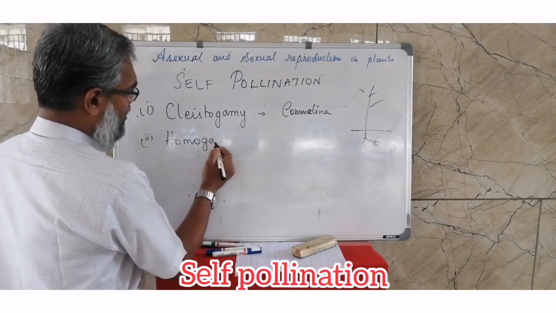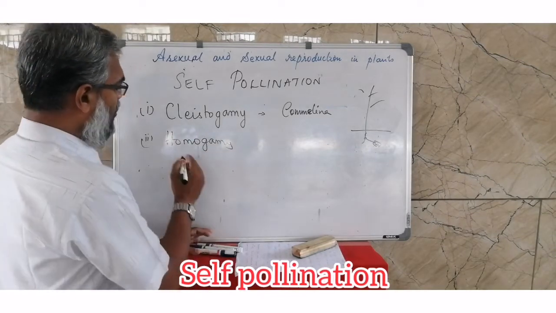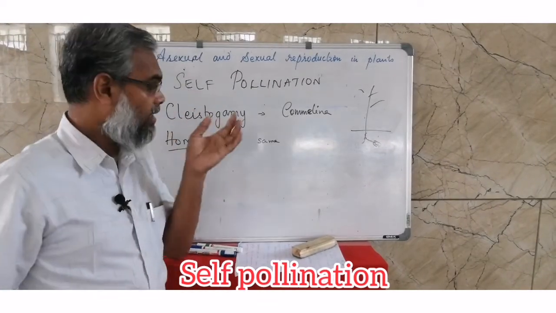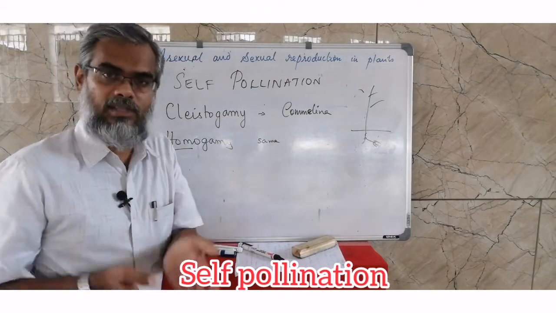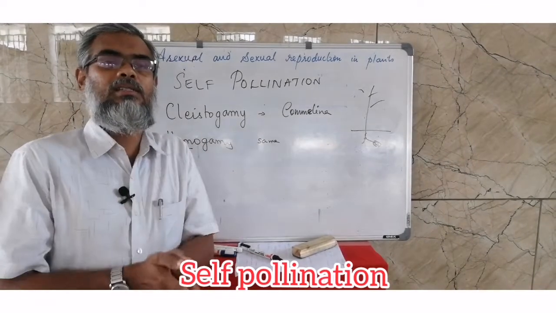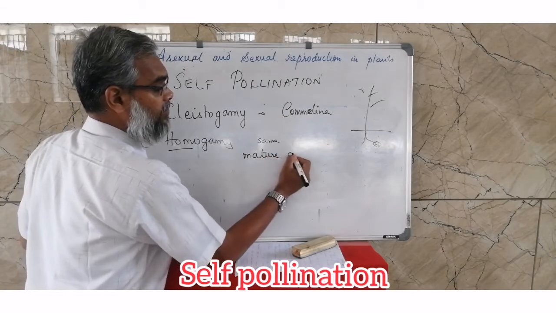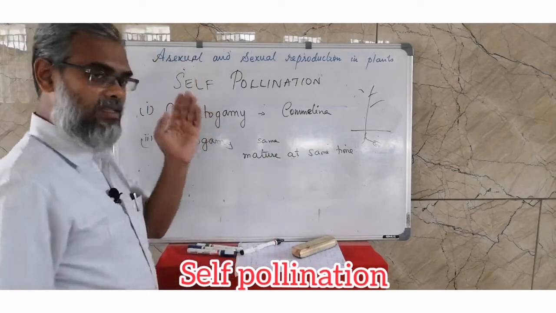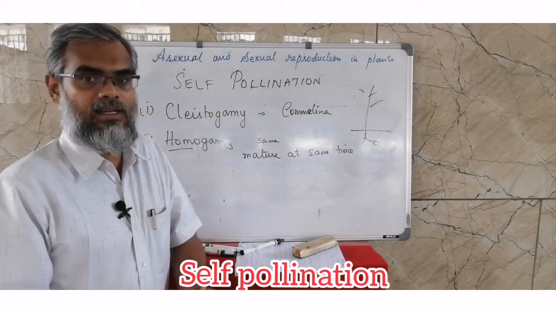Then the second one, homogamy. What is homogamy? We know that homo means same. Here the stamens, the male part, and the stigma, the female part, mature at the same time. So the pollen from the stamens falls on the stigma, therefore pollination occurs.